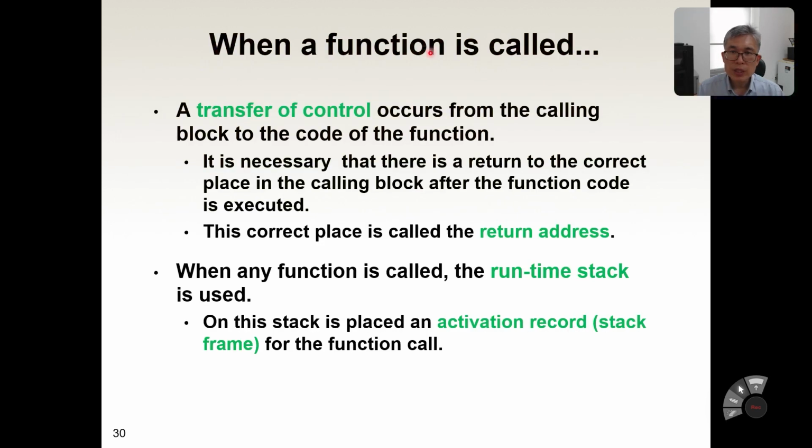So when a function is called, a transfer of control occurs from the calling block to the code of the function. So basically, when we make a function call, we need to register the return address in memory. It is necessary that there is a return to the correct place in the calling block after the function code is executed. This correct place is called the return address. So we can implement this at runtime using an activation record.